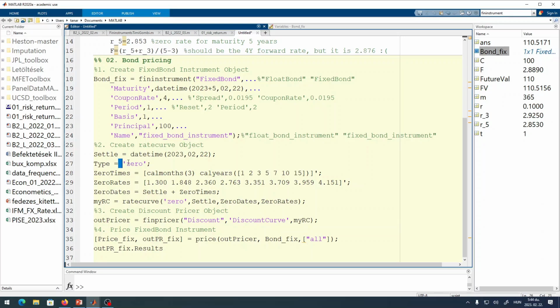And this is when we have the zero rates. Practically, zero rates will be everywhere. So it doesn't matter whether we are pricing a swap contract or an option, zero rates will always be required. We can provide months and also different years.